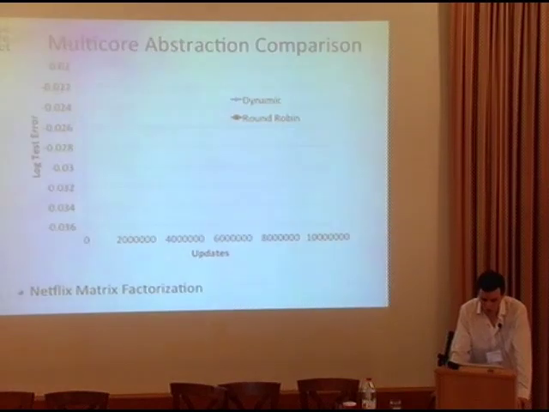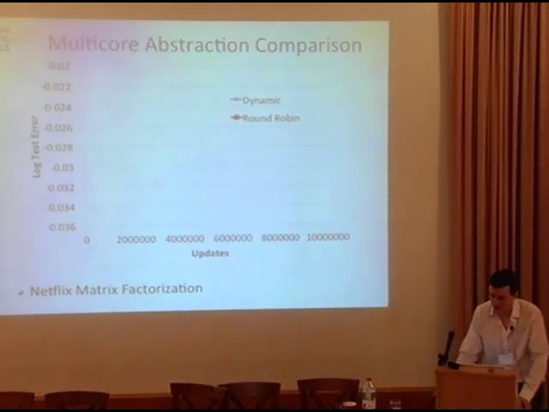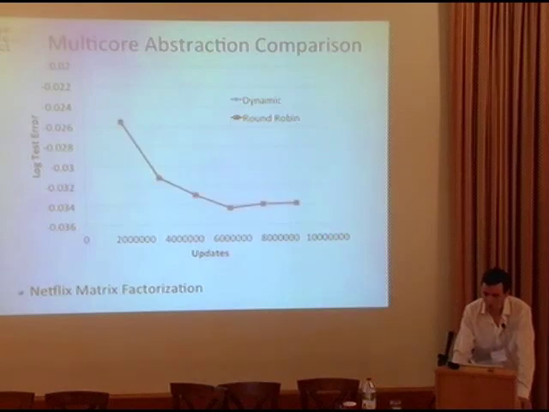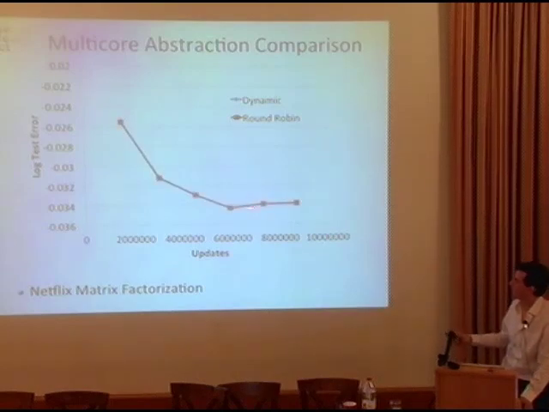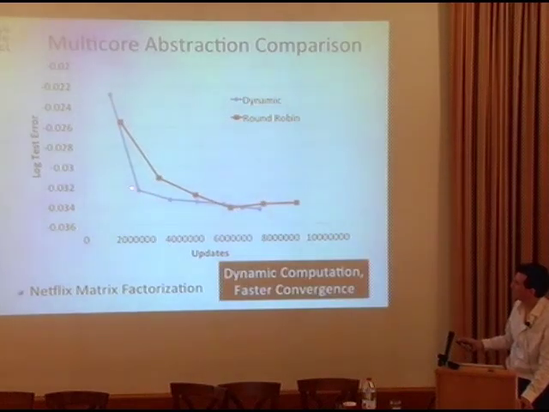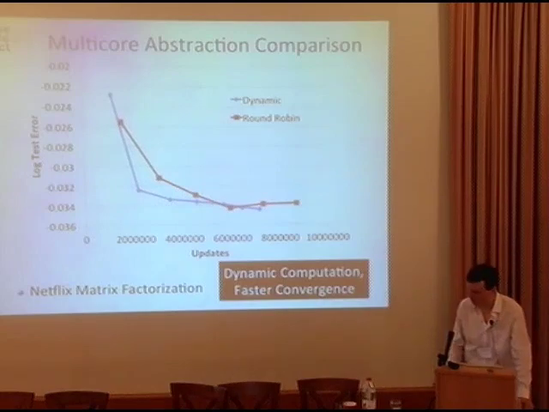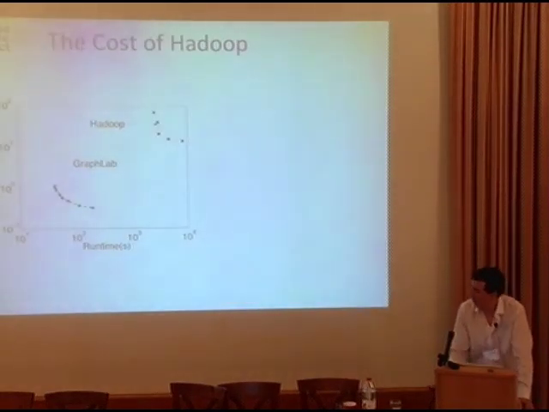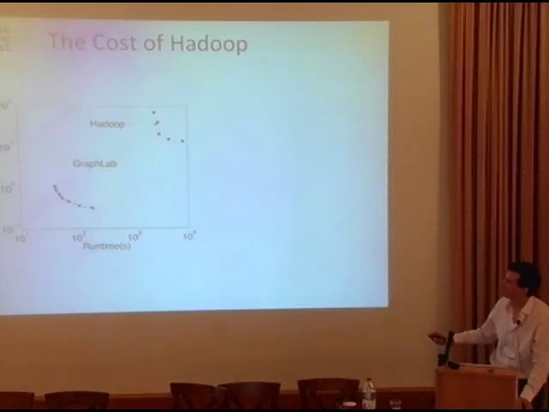Now, we talked about dynamic computation, and dynamic computation can really help in some problems. Here, if you just do regular computation where you visit all the nodes, you get this kind of convergence. If you have dynamic computation where you only update nodes as needed, you get faster convergence, and you can do quite a few more evaluations. Again, you can look at running time versus cost.